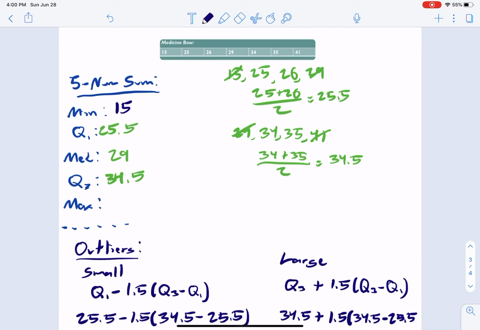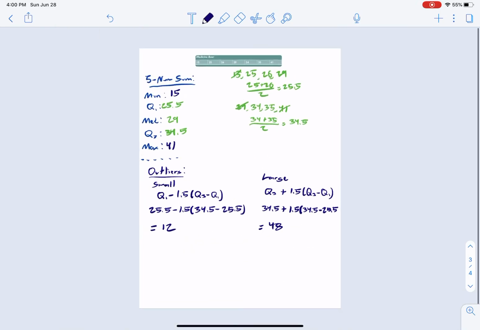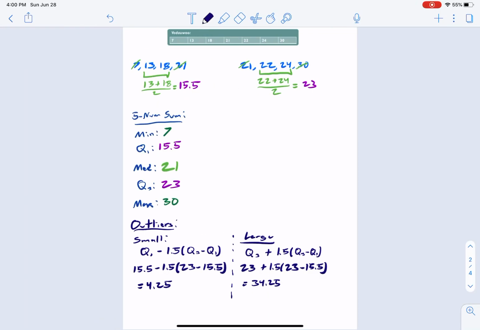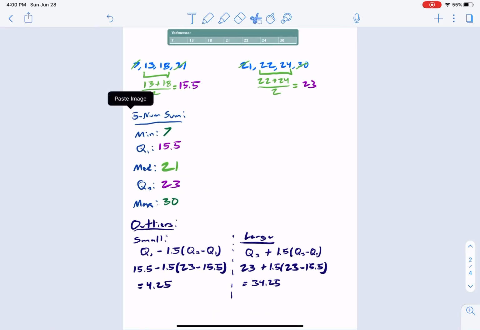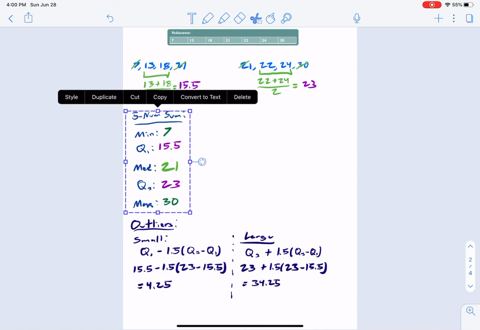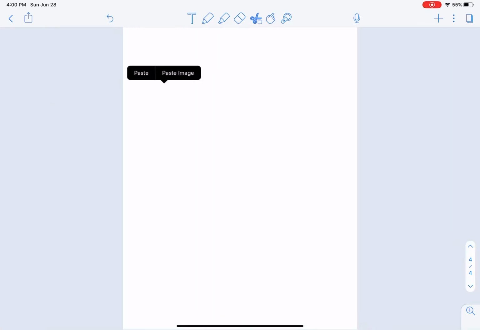All right. Easy enough. Okay, so here's what we need to do next. We've got the five-number summaries for both, it looks like. Very cool. I'm going to start a new page. And then we'll just grab this one. Copy, come on over, paste.